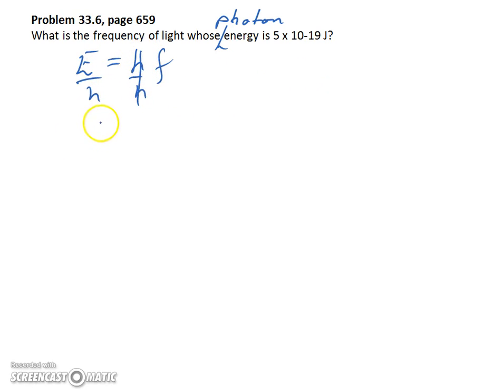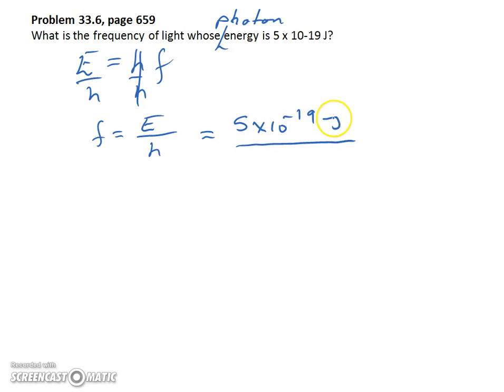So the frequency is equal to the energy divided by Planck's constant, which is equal to 5 times 10 to the minus 19 joules, divided by Planck's constant, which is 6.63 times 10 to the minus 34 joules times seconds.